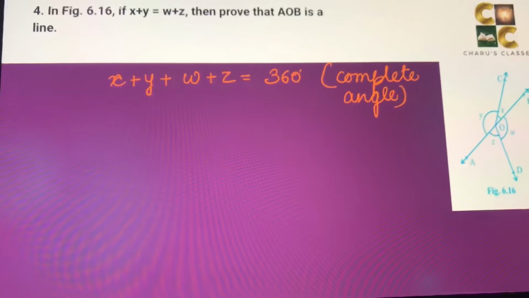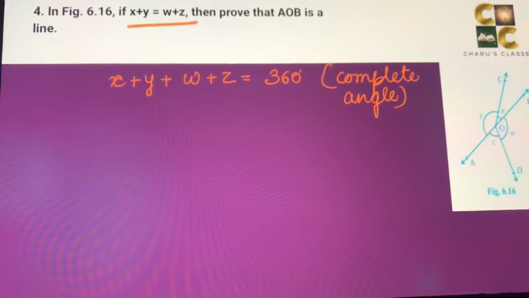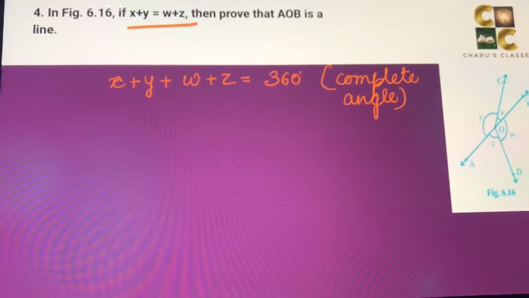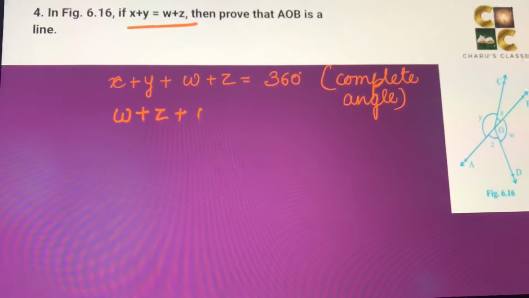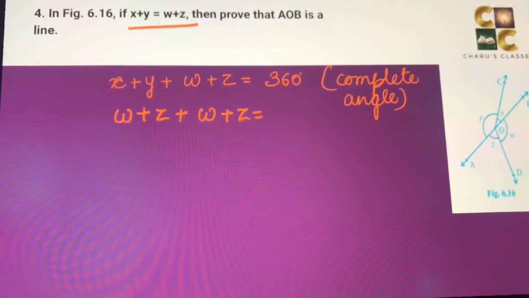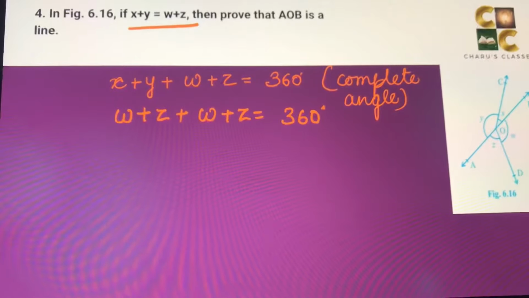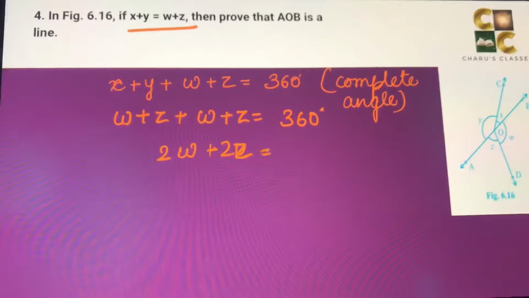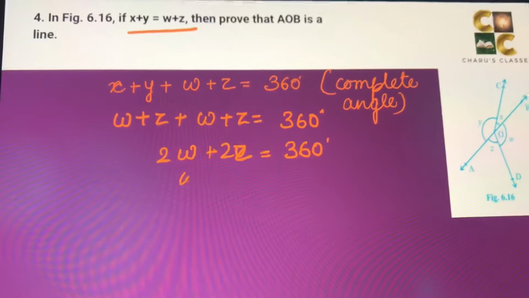In this case, it's already given to us that x plus y is equal to w plus z. So we can replace x plus y with w plus z. So w plus z plus w plus z is equal to 360 degrees. Or we can say 2w plus 2z is equal to 360 degrees.